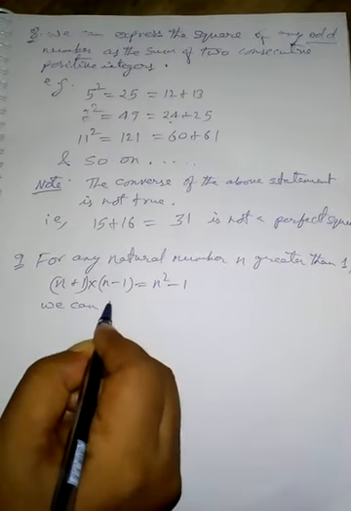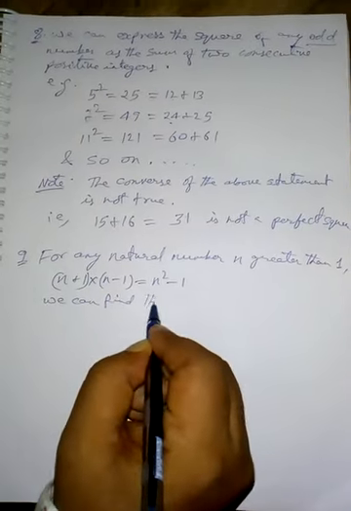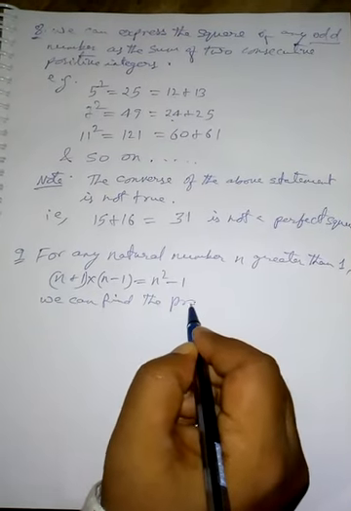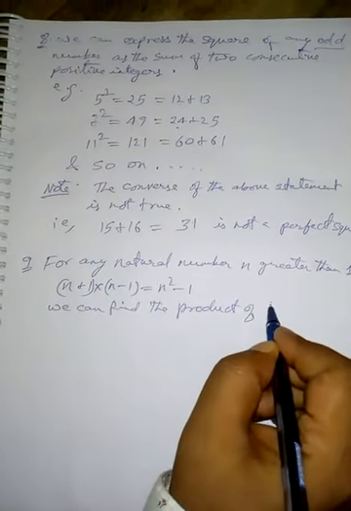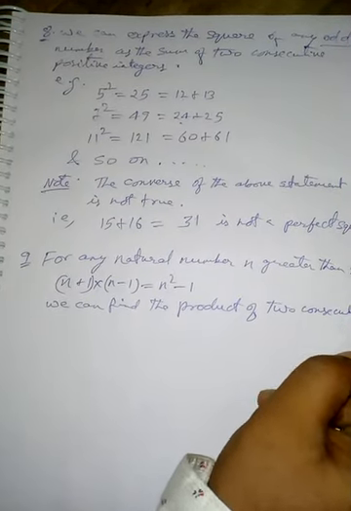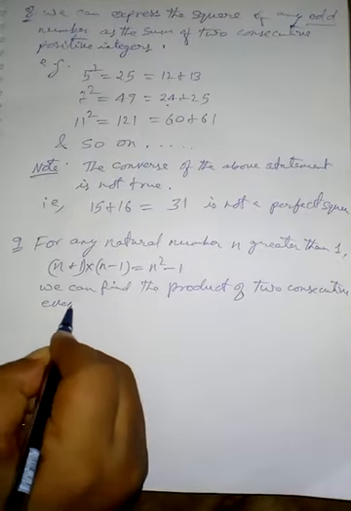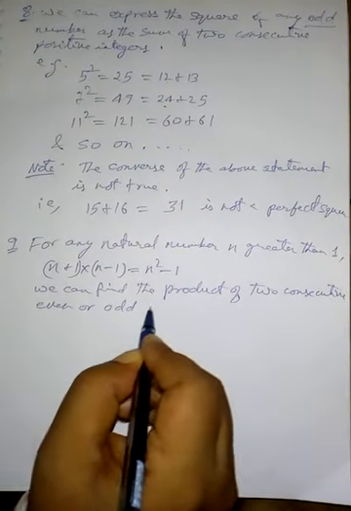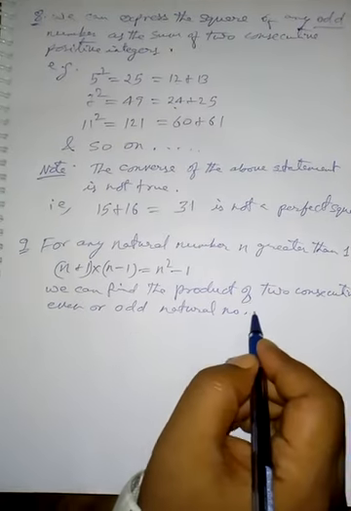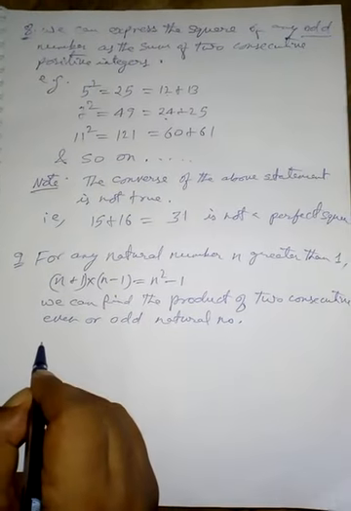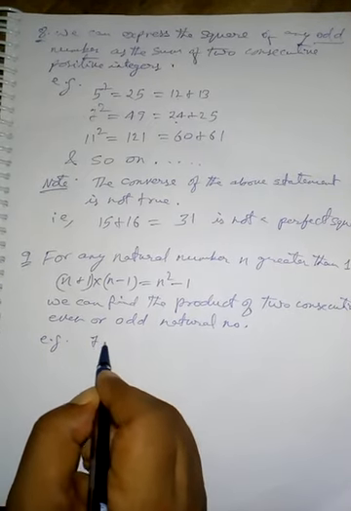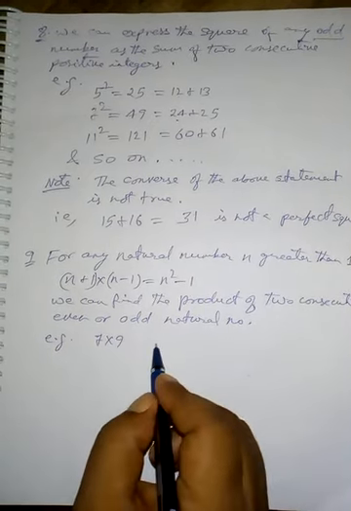We can find the product of two consecutive even or odd natural numbers. Easy. Let's see, for example, 7 into 9, two odd numbers.